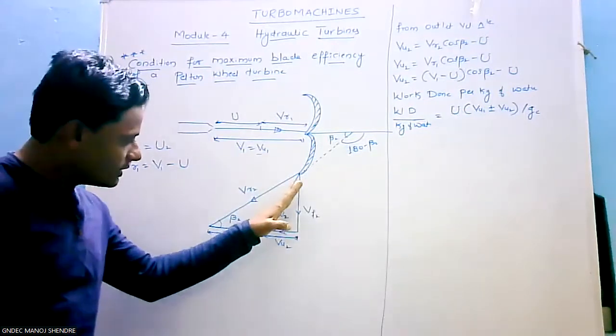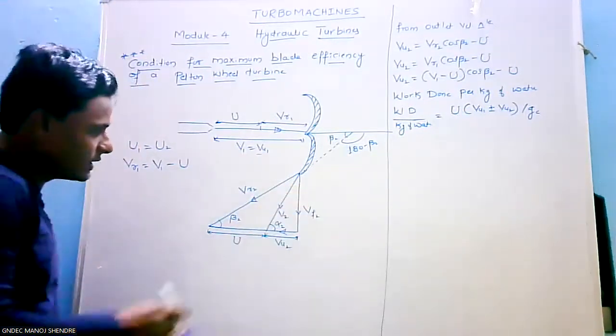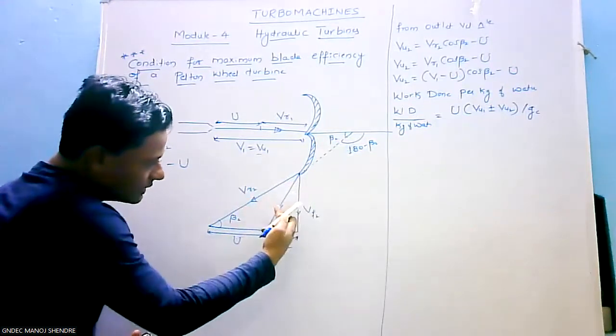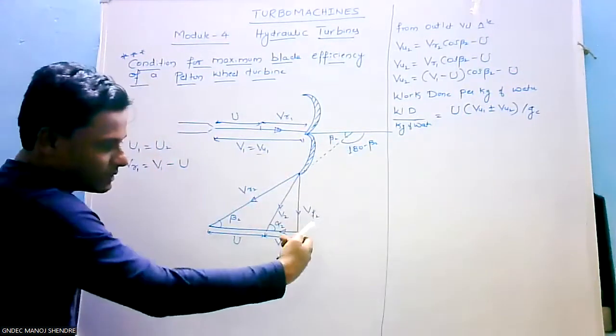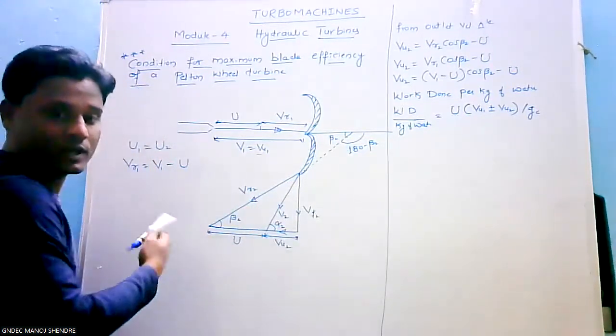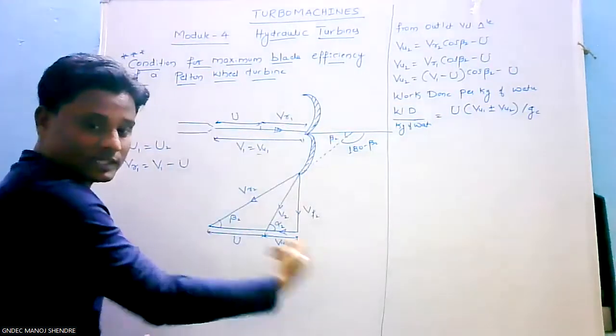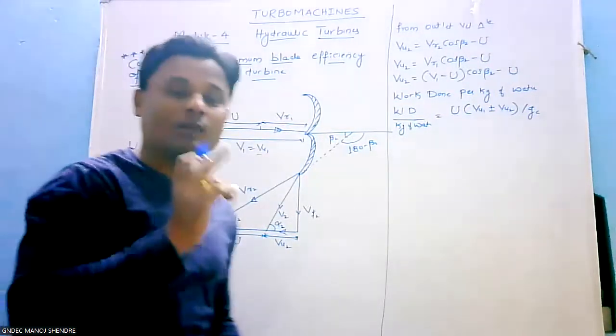So if we take the horizontal direction here, then the direction of VU2 will be towards left. So this is towards right and this is towards left. So obviously we have to take the positive sign.